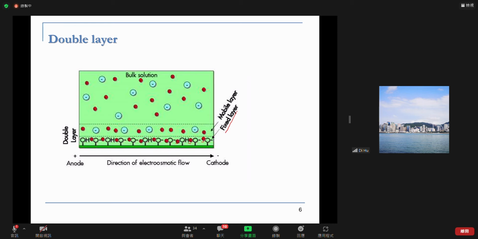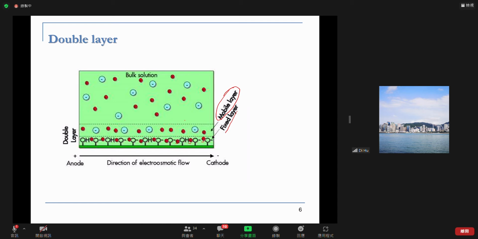Some of the cations are loosely bound, loosely attached to the negative charge, so they are in a mobile layer. That means they're a little bit further away from the silanol groups. The mobile cation layer is solvated, hydrated, okay?